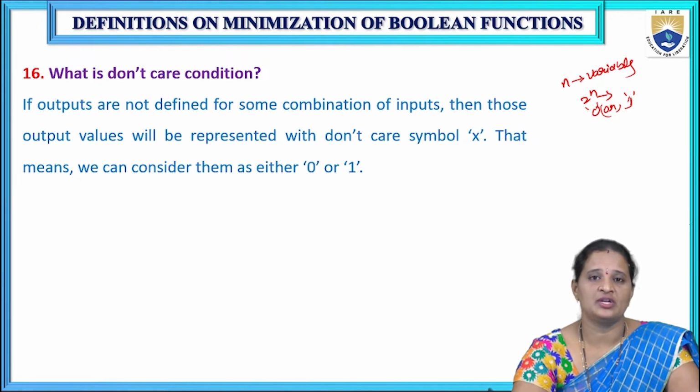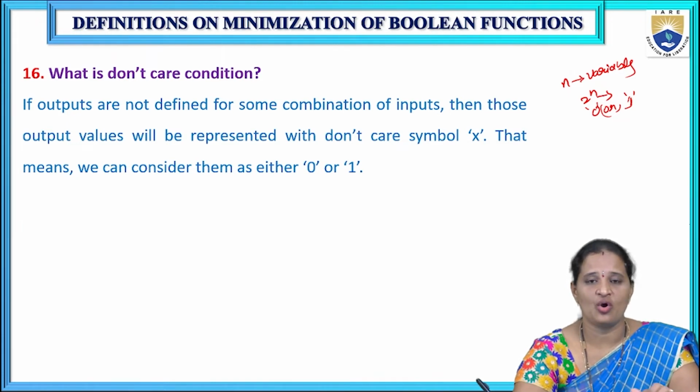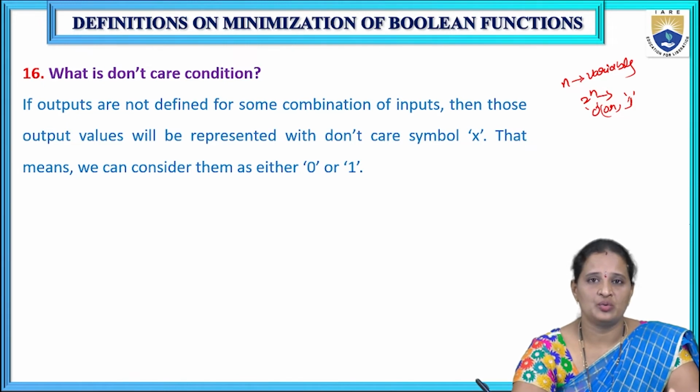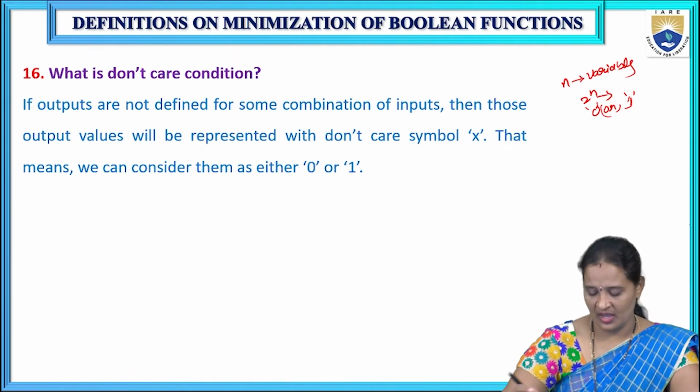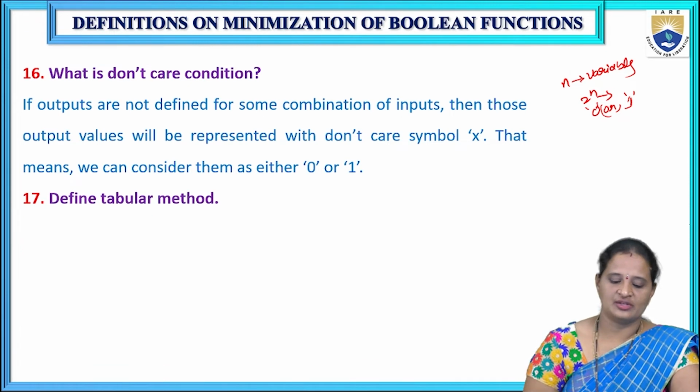The input combinations for which the output is not specified as either 0 or 1 are said to be don't care conditions. Okay, so that is a don't care condition.